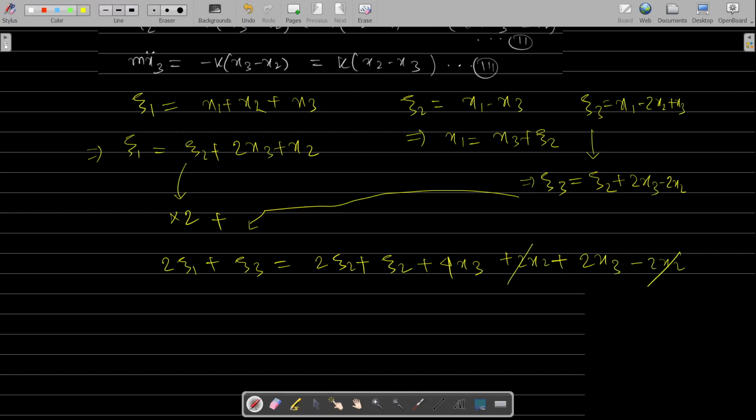This goes away, and as a result, x3 is written in terms of psi1, psi2, and psi3.